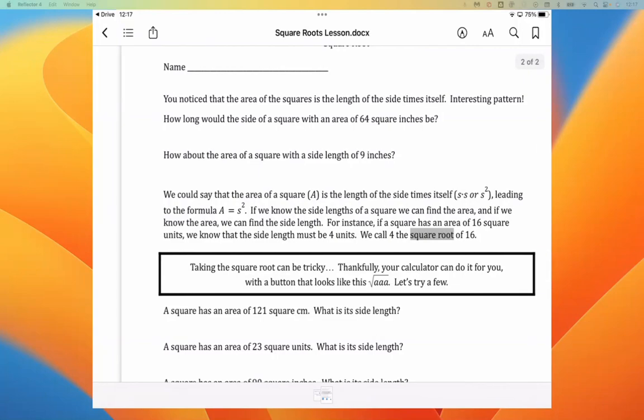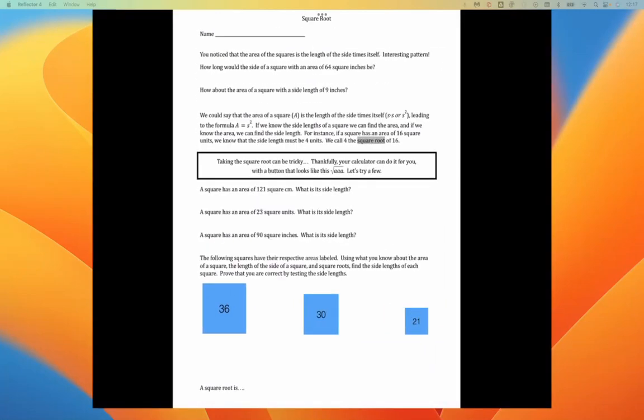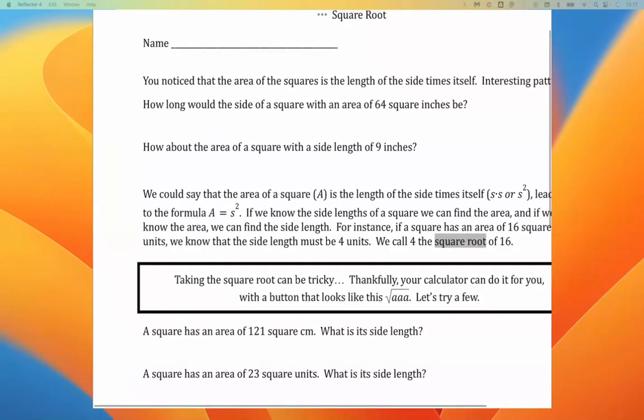And so we have a question: how long would the side of a square with an area of 64 square inches be? And so one way to think about that is to make a list of all the possibilities.